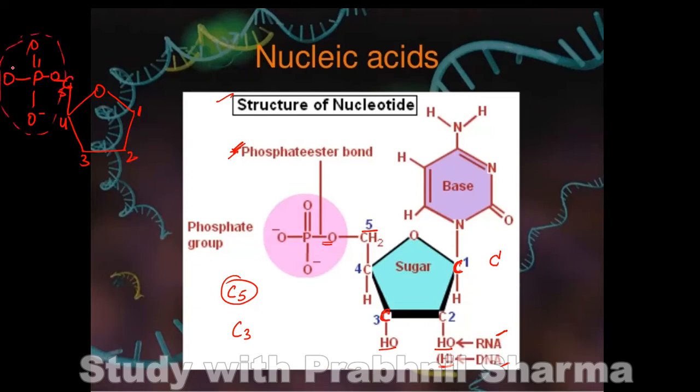Any doubt in this? And here we have OH. This is carbon, and this carbon is attached with OH. Now this is again attached with, here again we have carbon, oxygen.